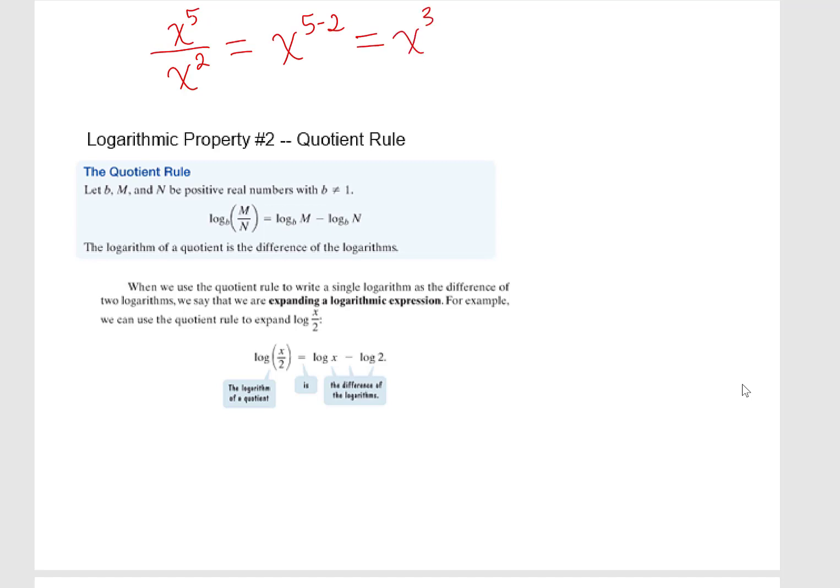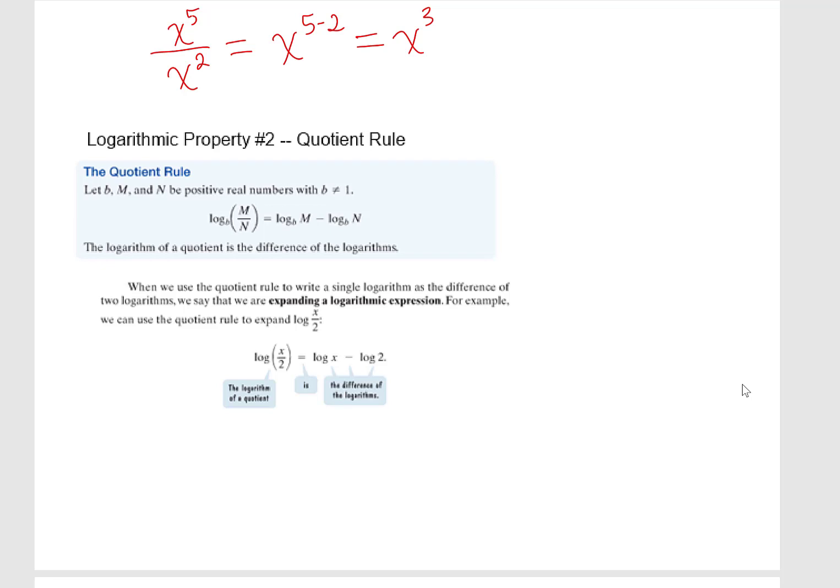Well, it's correlated because remember, exponential functions are inverses to logarithmic functions. So similarly here, if you have the log of a quotient, then it's going to be the difference of the individual logs.